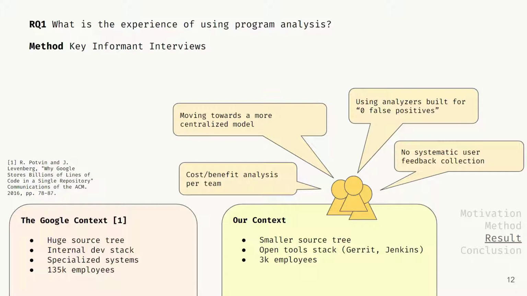But they were actually moving towards a more centralized model, where some analyzers were made available by a dedicated tools team that could just work in the build chain for the other teams. We also found out that at this company they had been kind of burned before by analyzers and had in some teams a strategy of picking analyzers carefully that were built for 0 false positives.